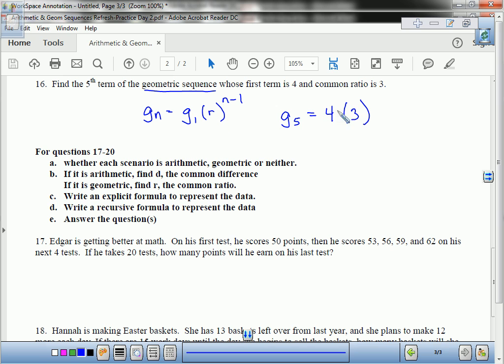So we plug in 4 for the first term, 3 for the common ratio, 5 for n, because we're trying to find the fifth term. So we get 4 times 3 to the 4th. And you should get 324.